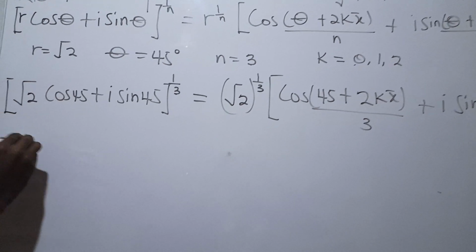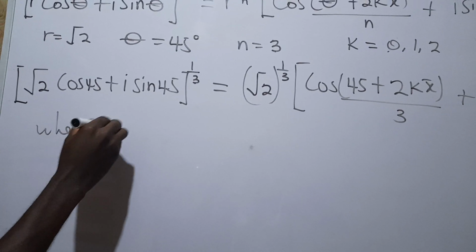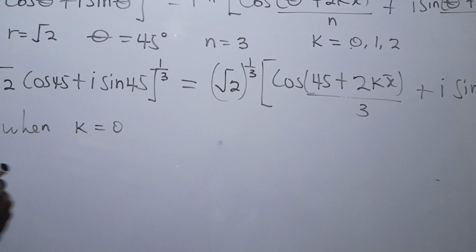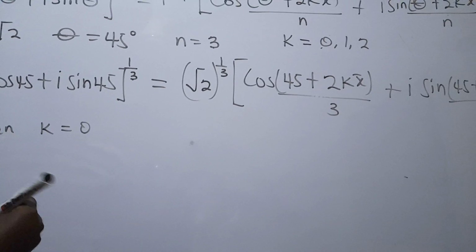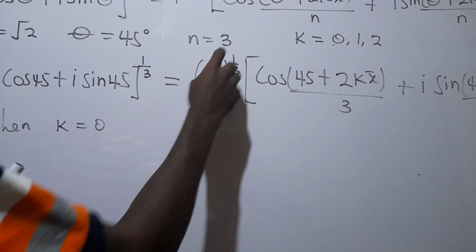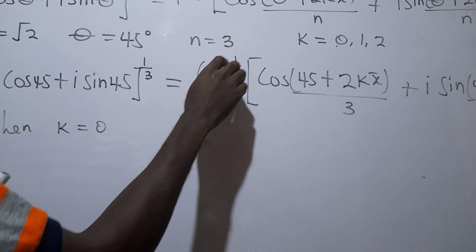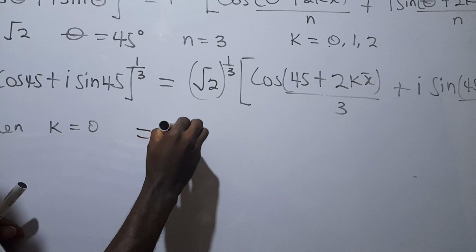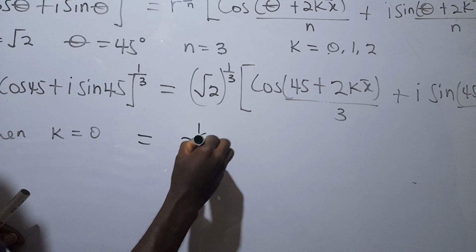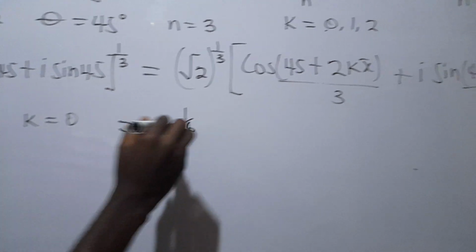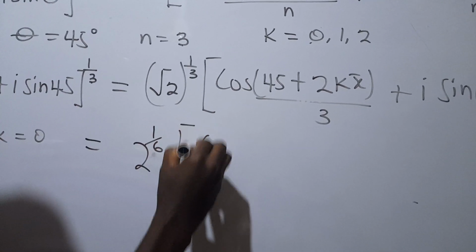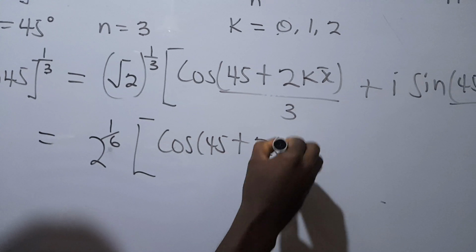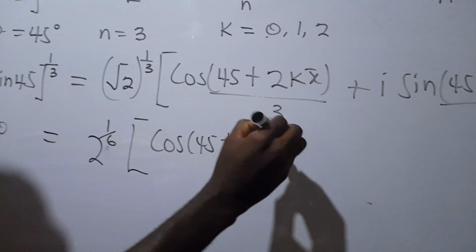Now we find the roots. So the first one, when k is equal to what? 0. We just substitute k equal to 0 in this, then we get our root. So the square root exponent 1/3 will just be 2 exponent 1/6 using indices. Bracket cos 45 plus 2 times 0, k is 0, pi.